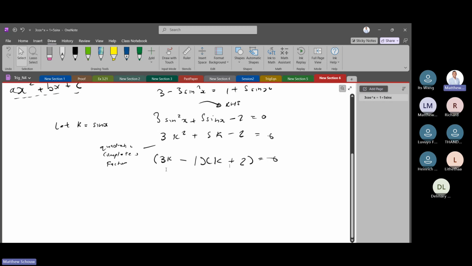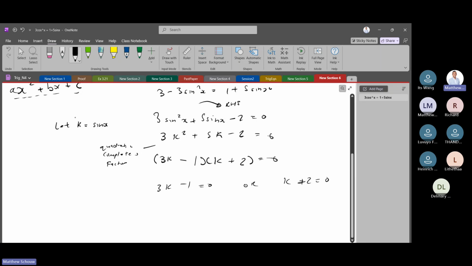Yeah. So, like I said, you can always go to the quadratic formula. Obviously, then you have 2 things. You have 3k minus 1 equals 0, or k plus 2 equals 0.